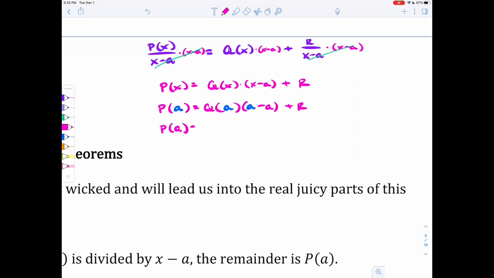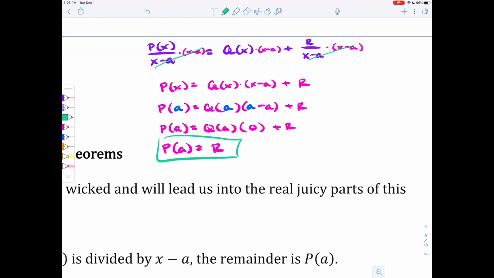Well, in that case, a minus a is equal to 0. Sure, I'll write that anyways. So we have q of a times 0 plus r. Anything times 0 is just 0. So p of a is r. And that, of course, is the statement of the remainder theorem: if you're dividing a polynomial by x minus a, the remainder is p of a.